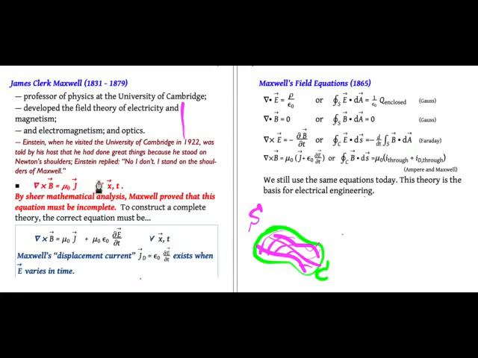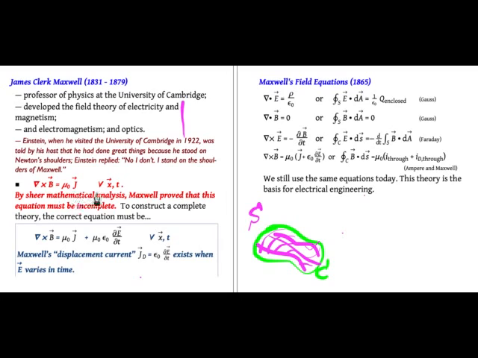Now, going back to Ampere's law, the curl of B is mu naught J. That is to say, electric currents, motion of charged particles, create magnetic fields. And this is the field equation which holds for every point in space and time, relating the electric current density at that point to the magnetic field at that point.